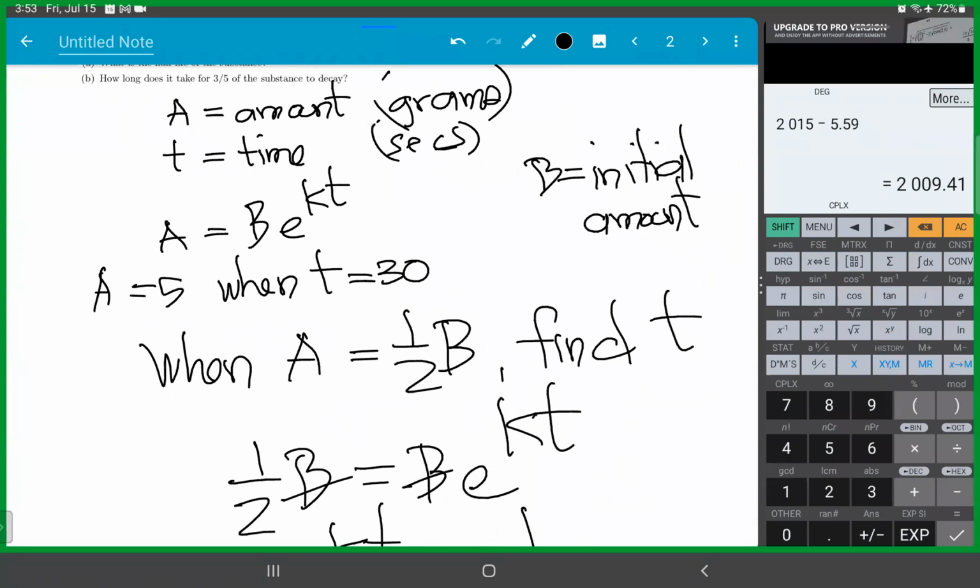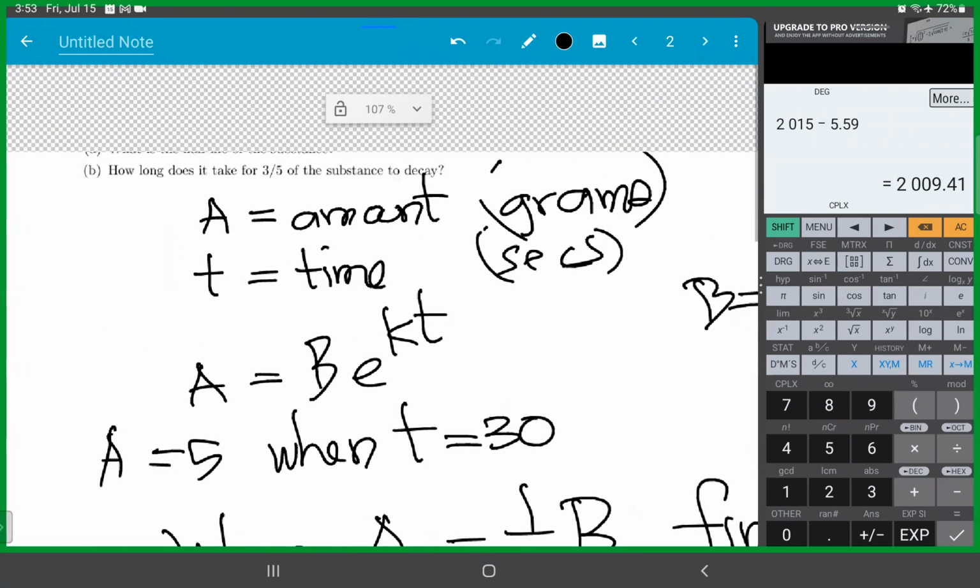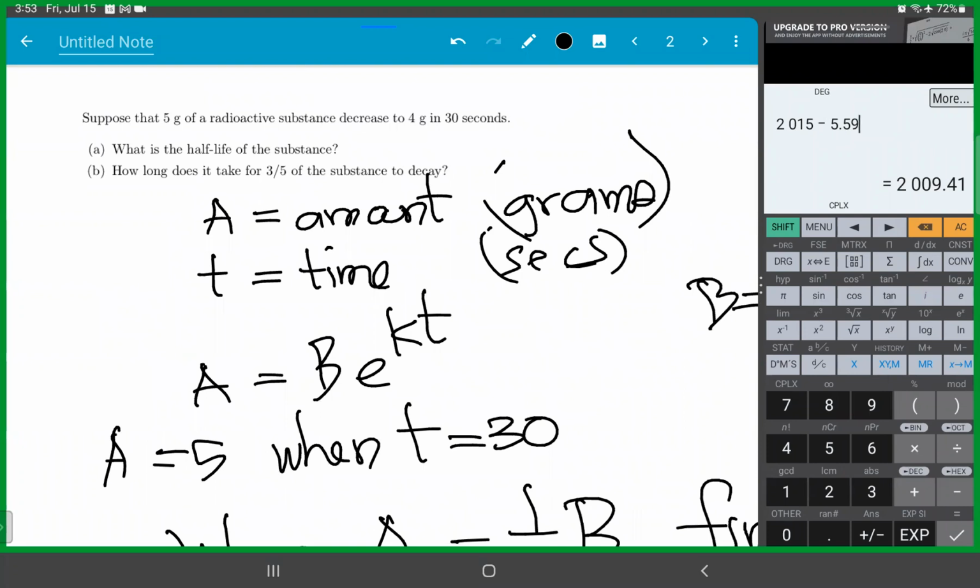Usually kasi binibigay yung amount pag may ganito. We're just told that 5 grams is decreased. So the given is not enough dito.